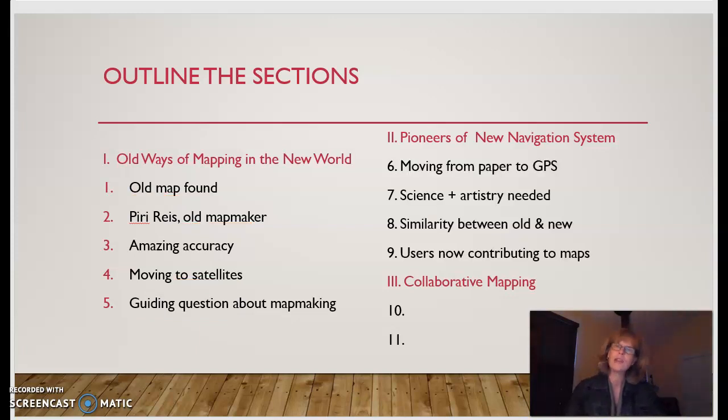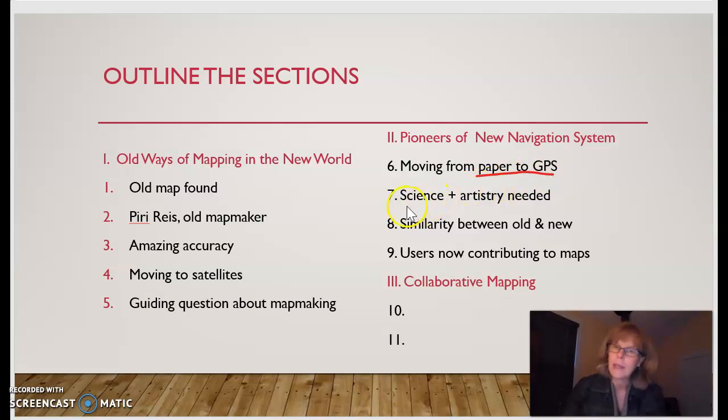When I looked at section 2, I saw that paragraph 6 starts to talk about paper maps and moving from paper maps to GPS, this digital kind of map.